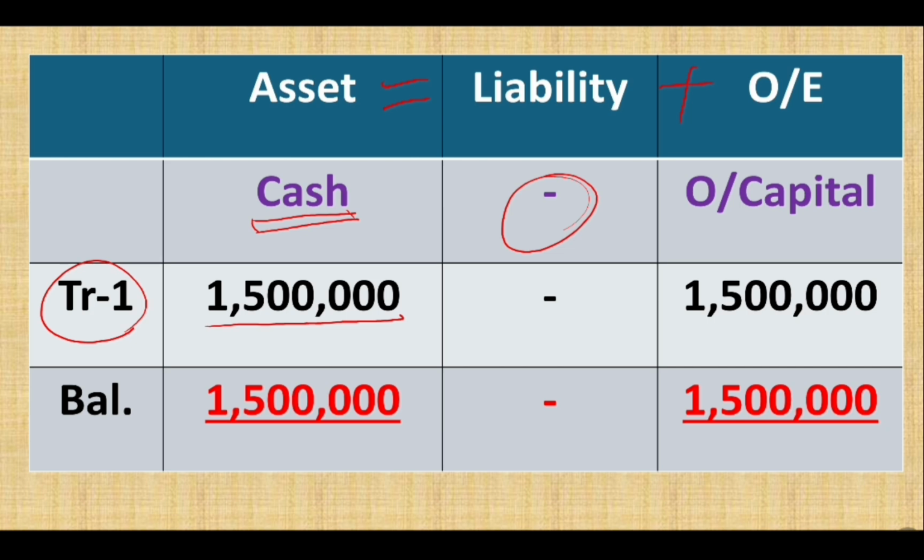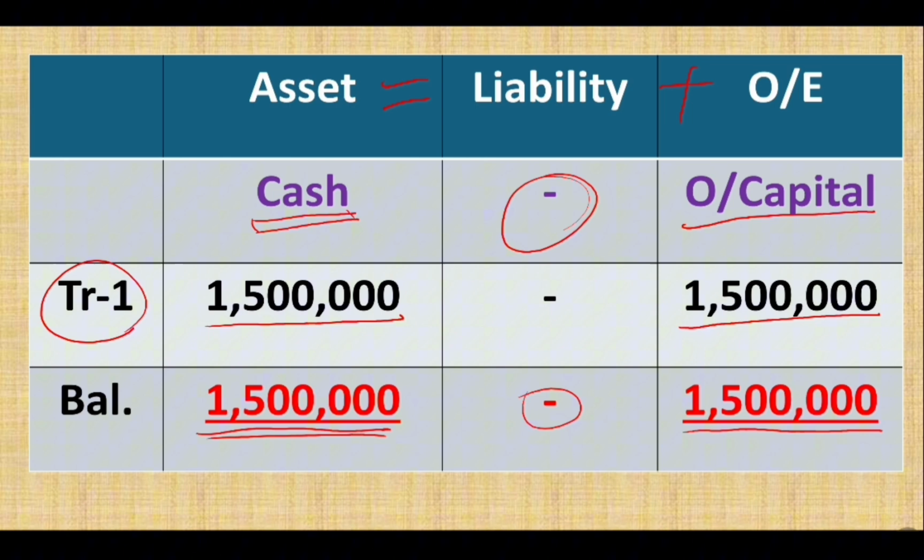From transaction 1, the type of asset that is increased is cash, and there is no liability. So we have only owner's capital, which is increased by 1,500,000. Balance of cash after transaction 1 is 1,500,000. There is no liability here.